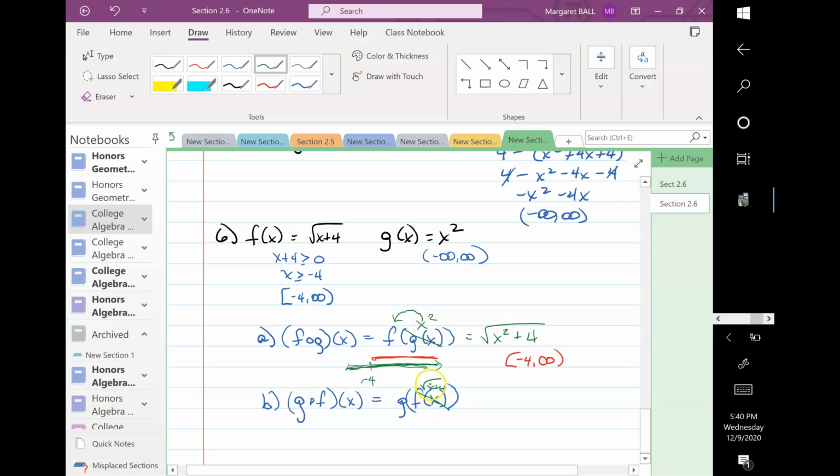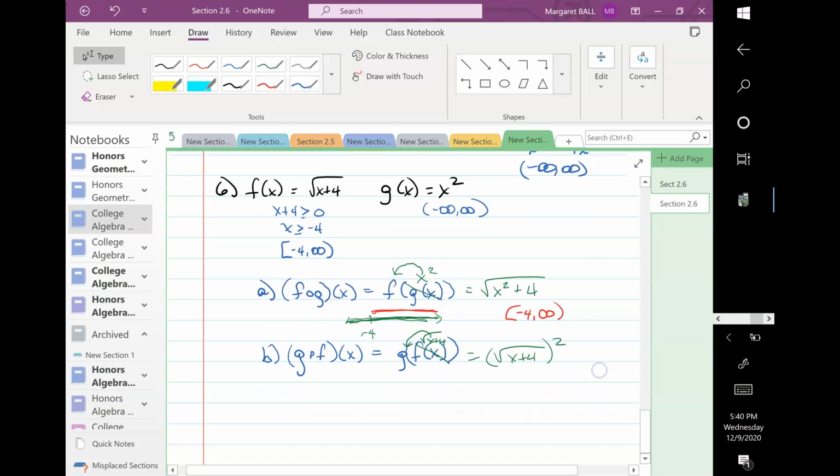And then plug that into the g function. So you get this. So you're replacing the x with the square root of x plus 4. You gotta square that. And that gives you x plus 4.